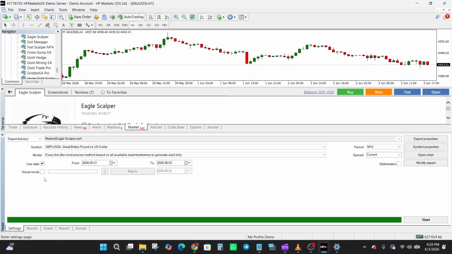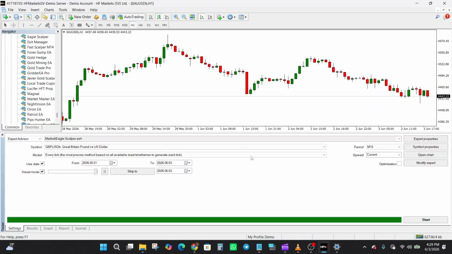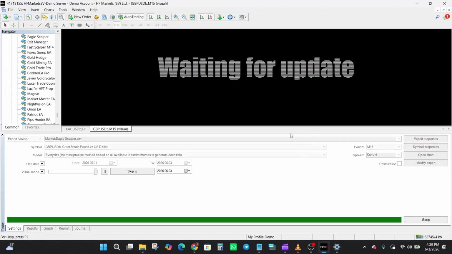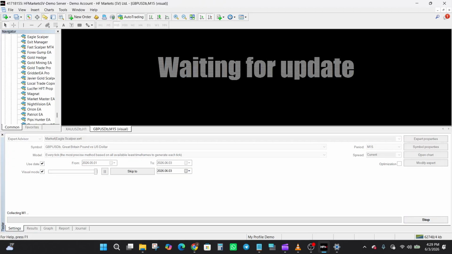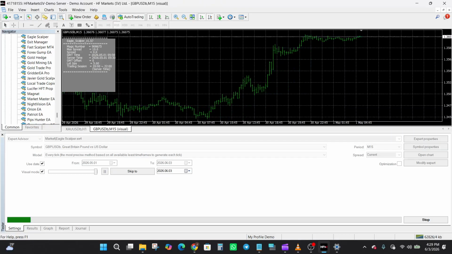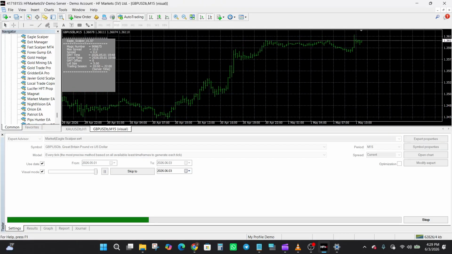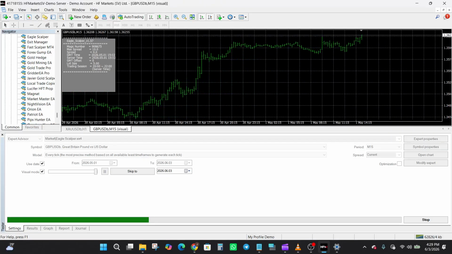Now let's just quickly look at the EA in action. So I'm just going to turn on the visual mode and same settings. We just want to see how the EA works. Looking at the backtest results, I'm reviewing the historical chart data and trade execution behavior over time.